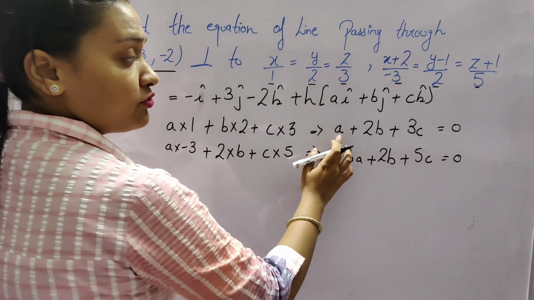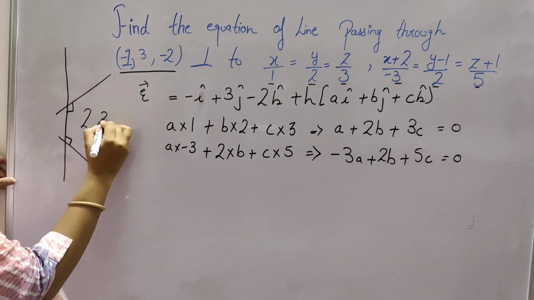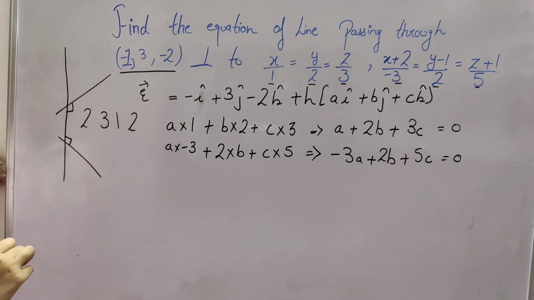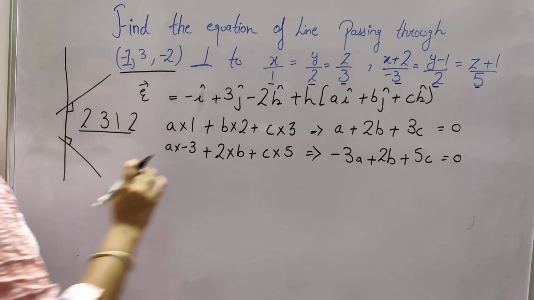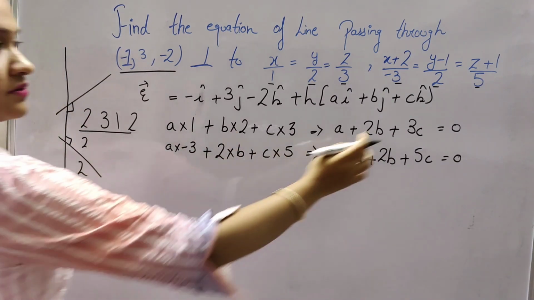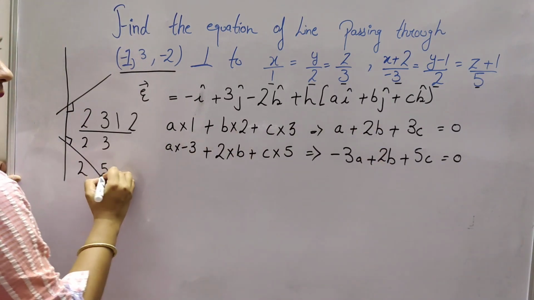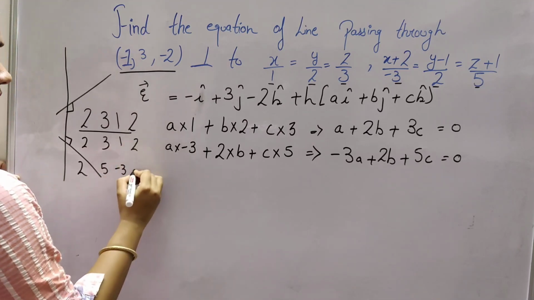Now to get the values, you have to use the cross multiplication formula. Write down the values: 2 and 3, 3 and 5, 1 and minus 3, again 2 and 2.